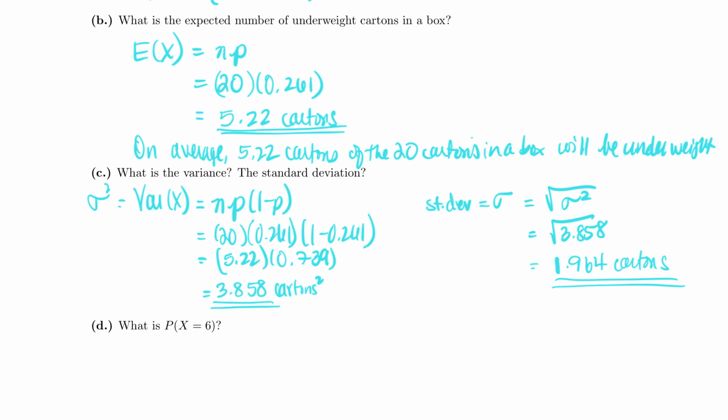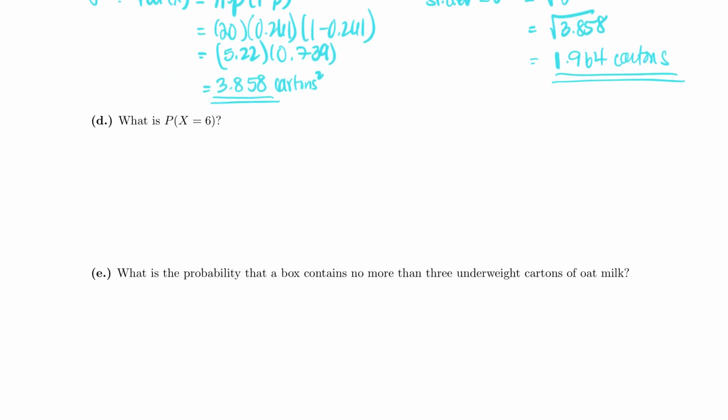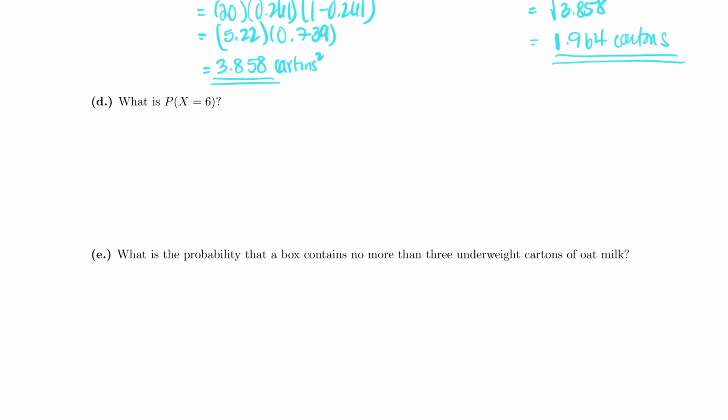What is our probability then that we have 6 underweight cartons in our case of 20? Well, we go back to our formula. Our probability that our number of successes is 6 is our number of trials, 20. So out of the 20 cartons, we choose 6 of them to be underweight, times the probability that it's underweight, which is 0.261, raised to the number of times we want them to be underweight, which is 6, times the probability of failure, which we already know is 0.739, raised to the number of failures.